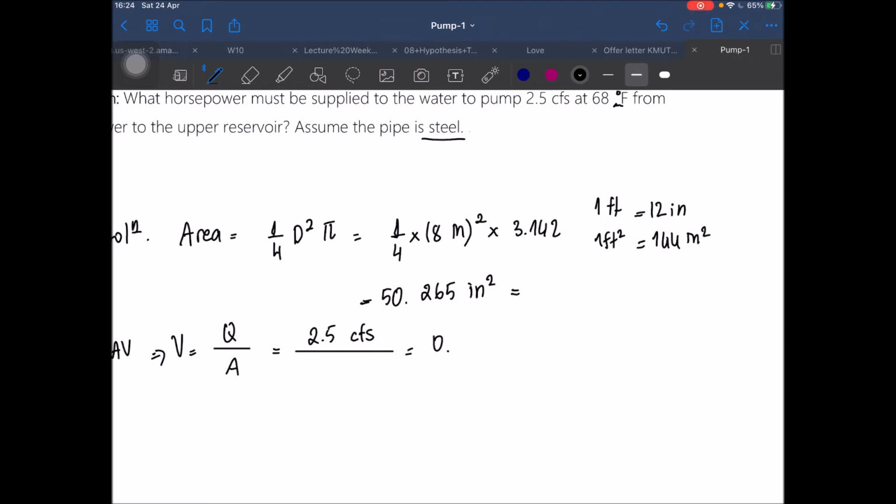So 50.265 divided by 144 equals 0.349 feet square.